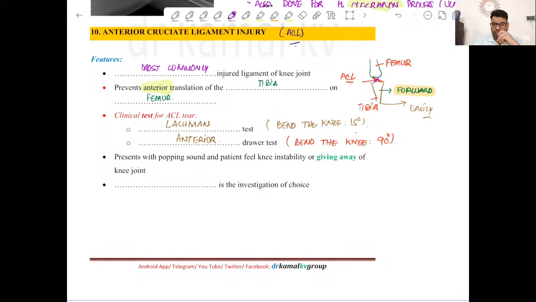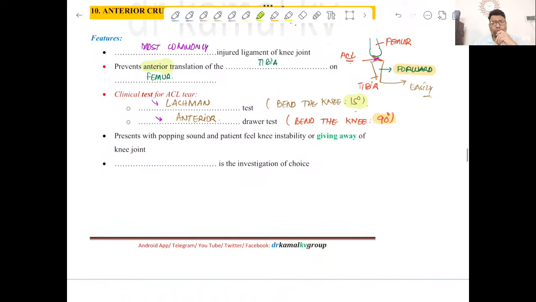The procedure is the same, only the amount of flexion of the knee differs. In anterior drawer it was 90 degrees, which was extremely painful for the patient. So we developed another test in which the knee needs to be bent only 15 degrees, and we can simply look for the anterior translatory movement. So those are the two clinical tests for ACL tear.